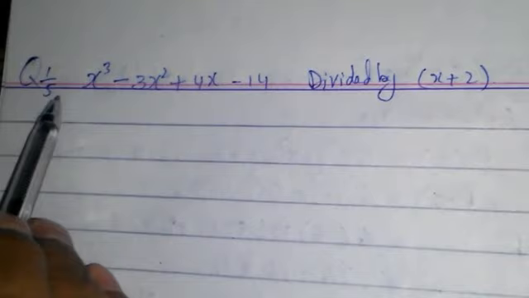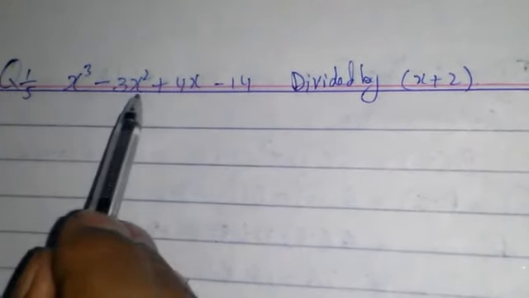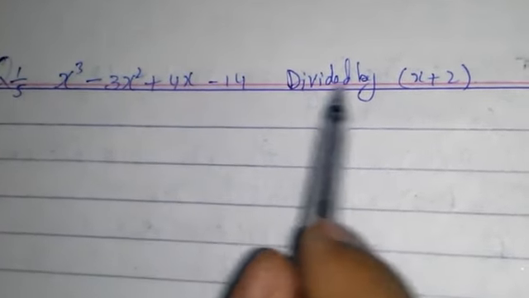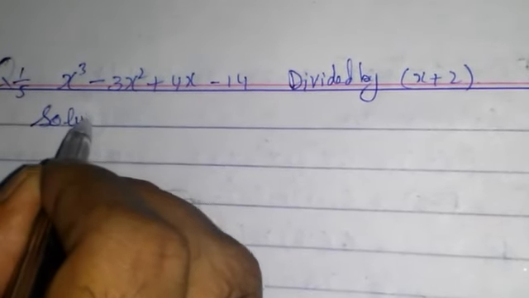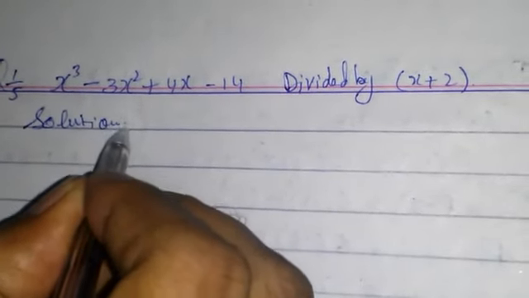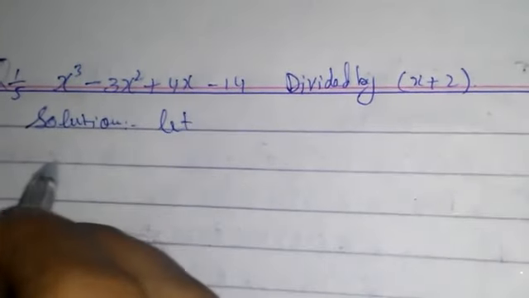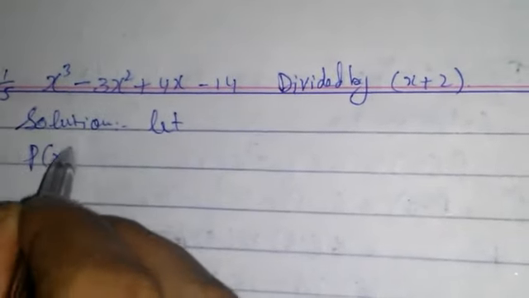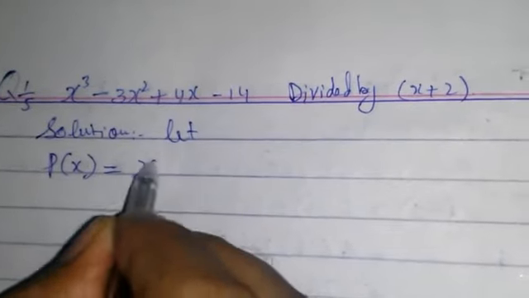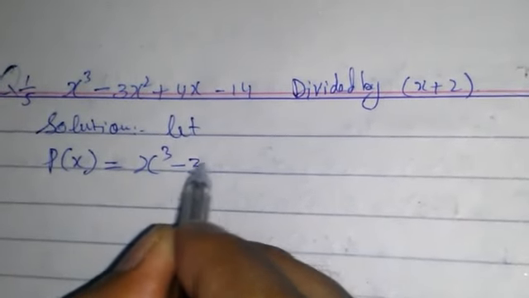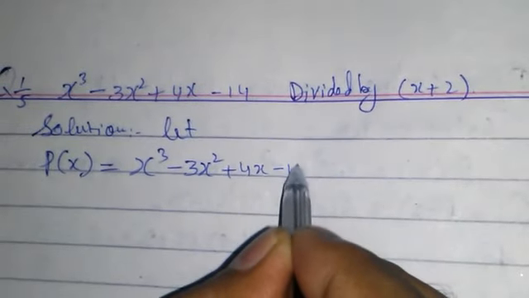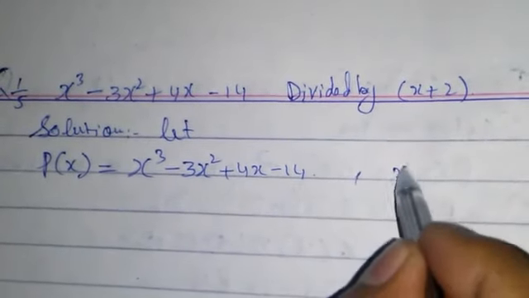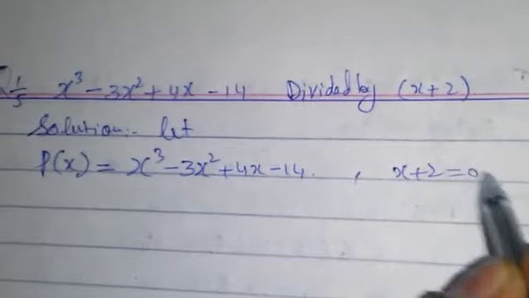Question 1, part 5. X cube minus 3x square plus 4x minus 14 divided by x plus 2. Let's solve this. Solution. Let p of x is equal to x cube minus 3x square plus 4x minus 14 and x plus 2 is equal to 0.